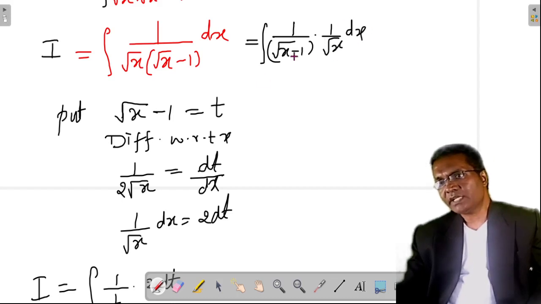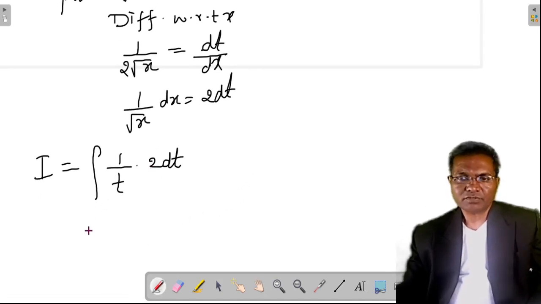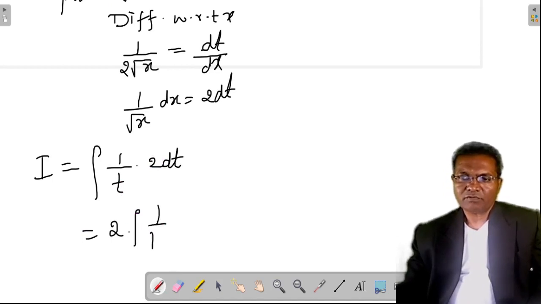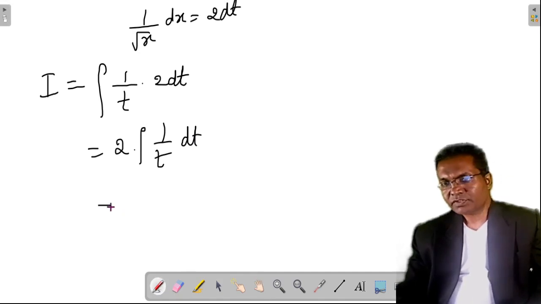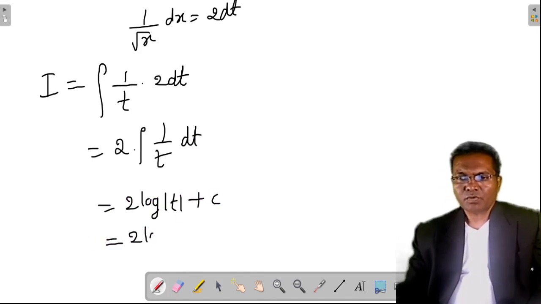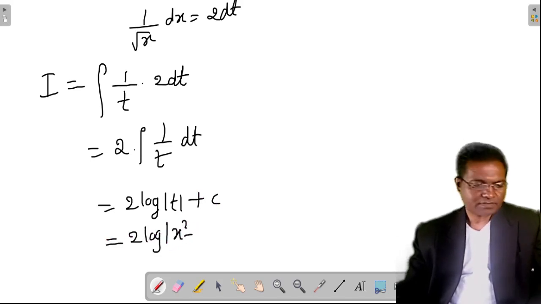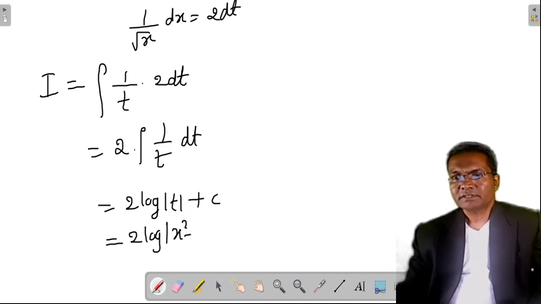So this is your dt and this is 1 by t. Okay, 2 dt. So it is integration of 2 as it is, integration of 1 by t dt. Okay, so this is 2 log t. So 2 log of what is t? t is your root x minus 1.